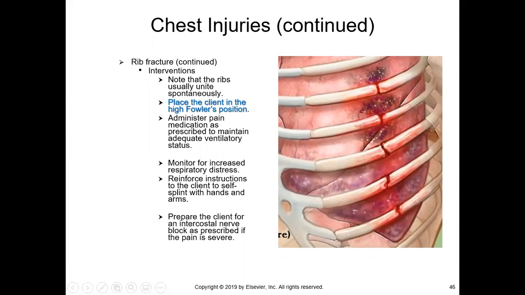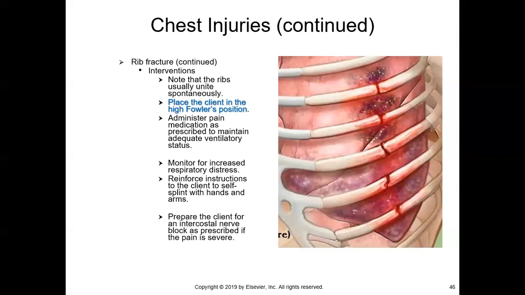So what are the interventions? Note that the ribs usually unite spontaneously. Position the patient in a high Fowler's position.